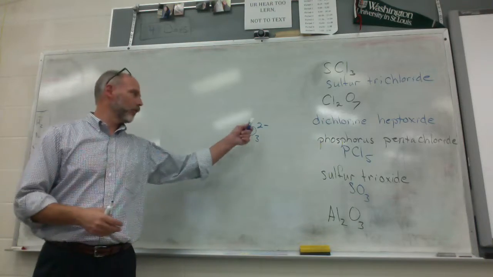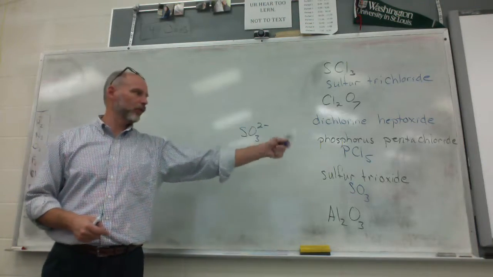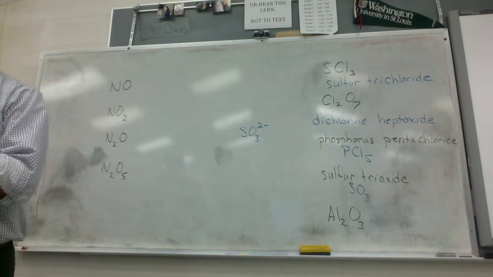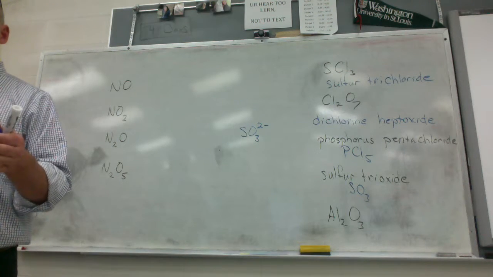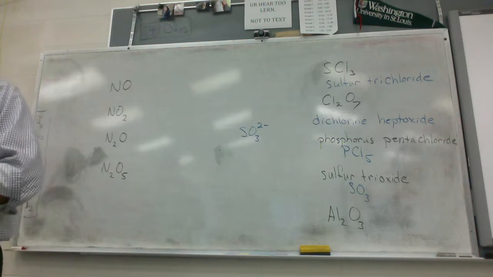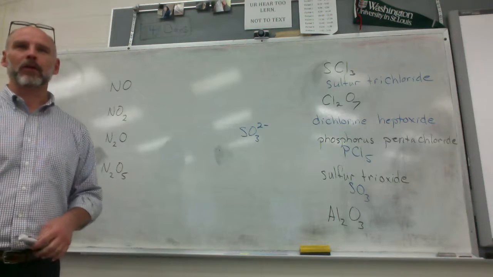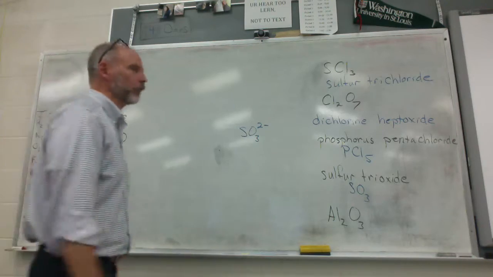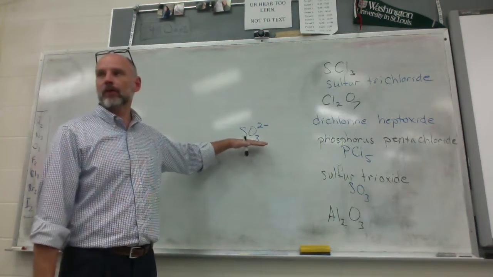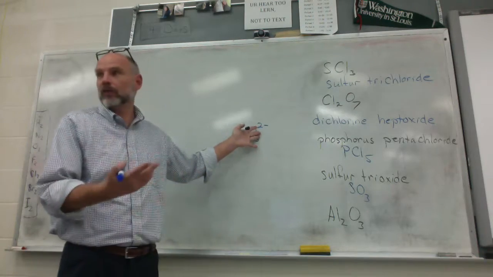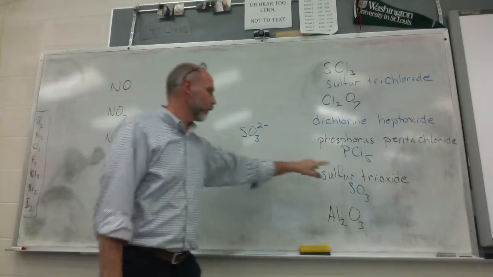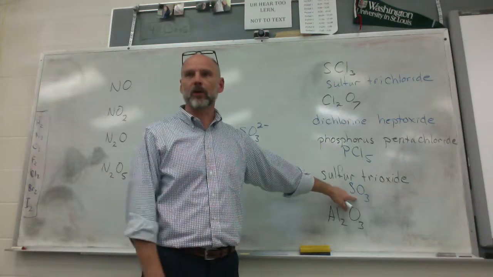Yes, that means this species has 2 more electrons than that one does. We're going to deal with that as far as it comes to drawing a structure for these things later. Okay, but that was good. You're the first one today. I had to bring that up in my other class. Nobody else recognized it. So that's why I said that was a good job of thinking. Okay, but there is a clear difference: this one has a charge. So this one will not exist by itself, whereas this one does exist by itself.